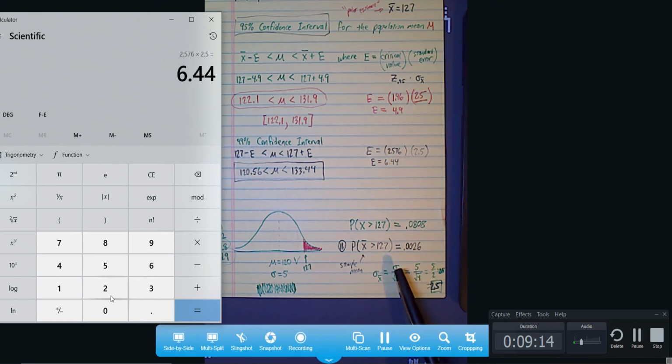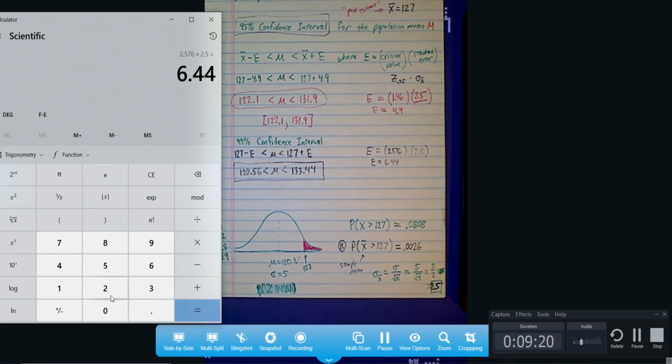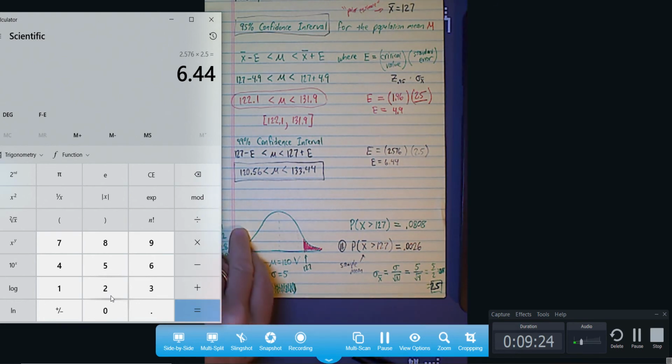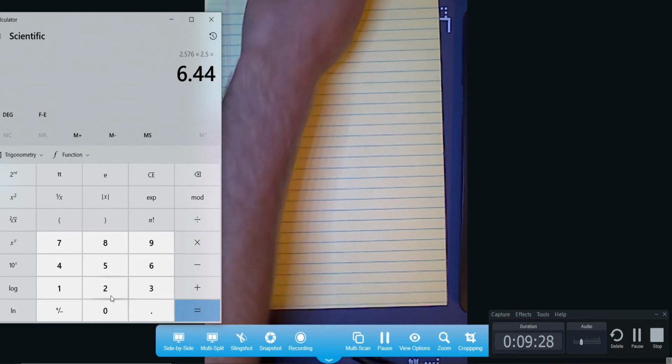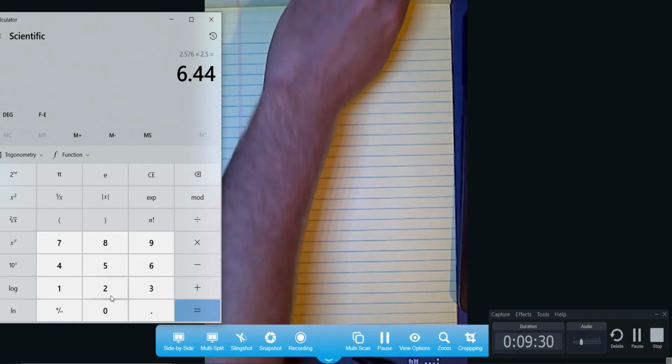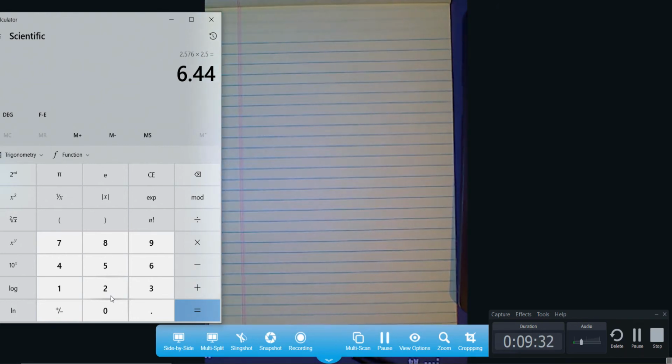But in general, there's no way that you're going to know the population standard deviation if you don't know the population mean. I mean, it's kind of silly. And this is the point of the t-distribution. It's that we want to make an estimate of the sample error.